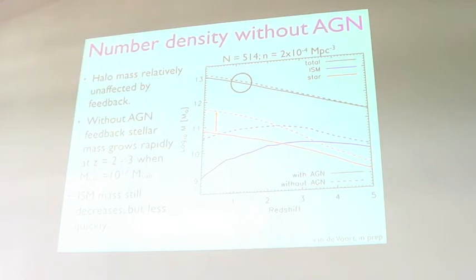Before, the stellar mass was different from the total mass by 2 orders of magnitude, and now it's just over 1 order of magnitude, and the gas mass is even more reduced because of AGN feedback. From redshift 3 to redshift 0, it decreases by more than an order of magnitude, but only with AGN feedback, because it stays approximately constant if I just have the model with only supernova feedback.